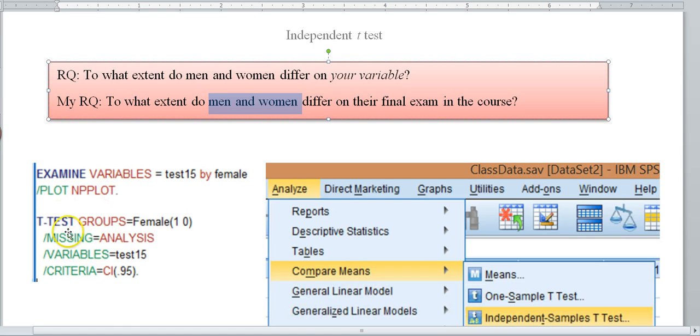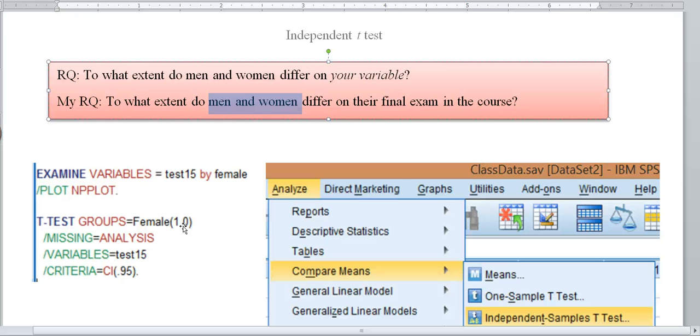And then here is the syntax in order to test the independent T, and one of the things that you must designate is the group. And the group in this case is female, as we've said, and you have two numbers within the parentheses there, because that's designating what you've coded your variables as. I've coded my variables as 1 and 0.